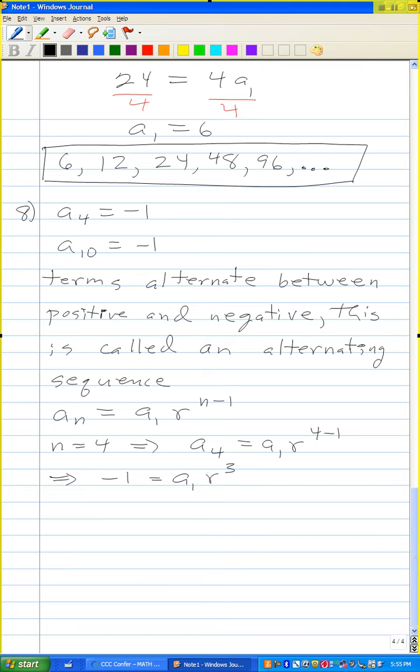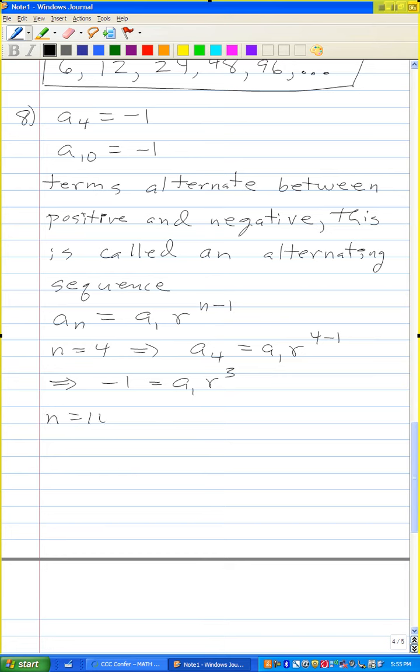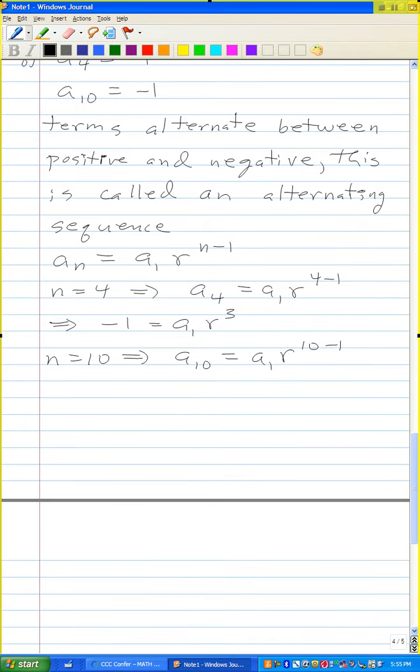Let's look at a sub 10. So let n equal 10. So if n equals 10, then plugging in 10 for n here, I have a sub 10 is equal to a1 r to the 10 minus 1. And by the above assumption, a sub 10 is negative 1.